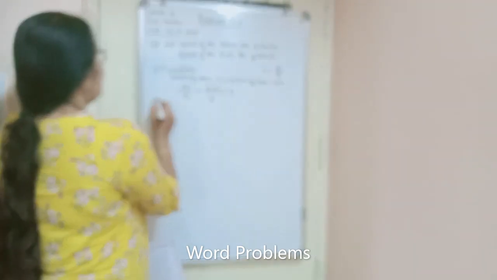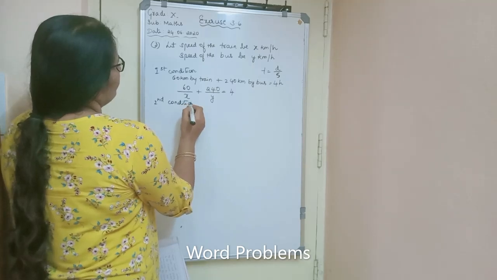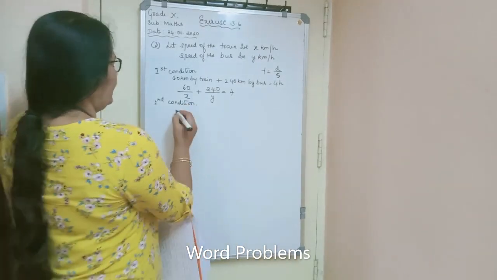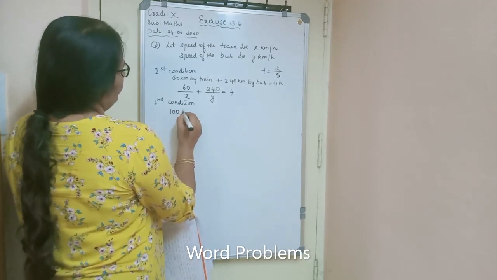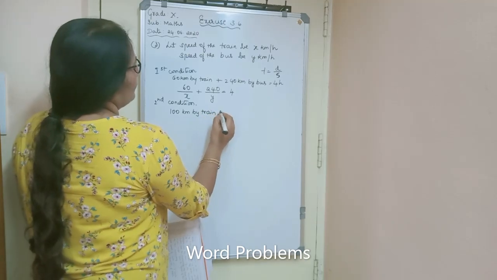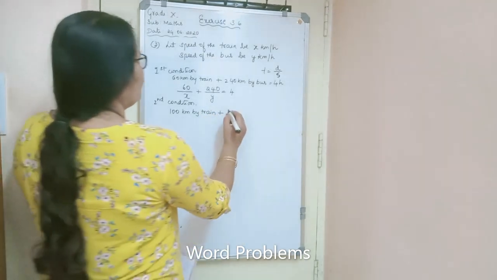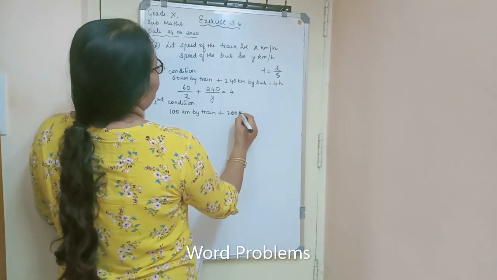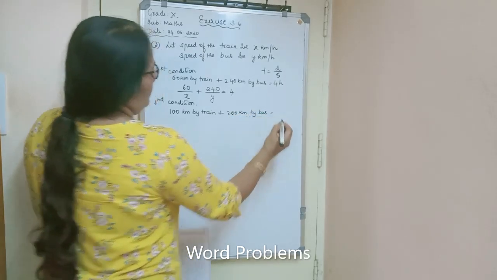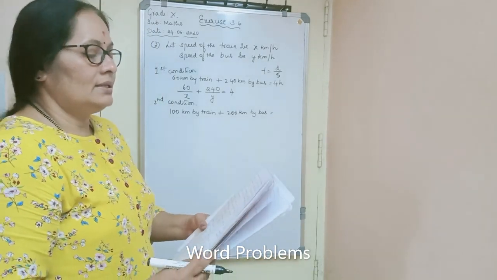And the second condition is 100 km by train and the remaining by bus, that is 200 kilometers by bus, and the time taken is 10 minutes longer.